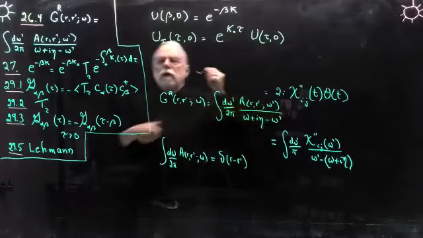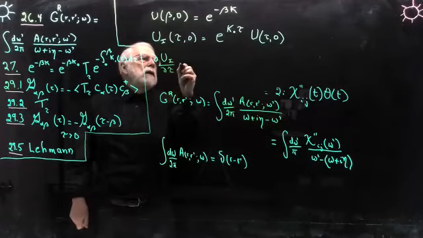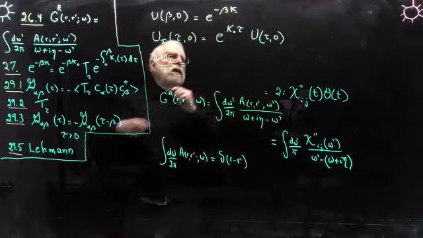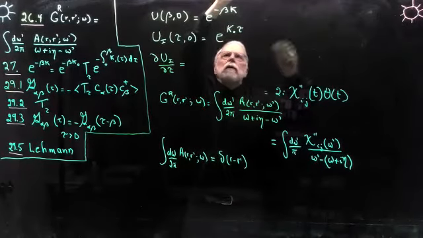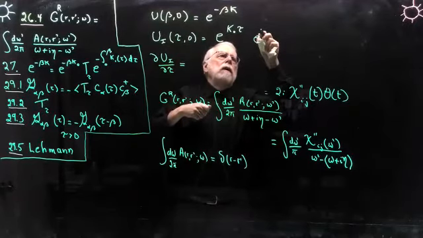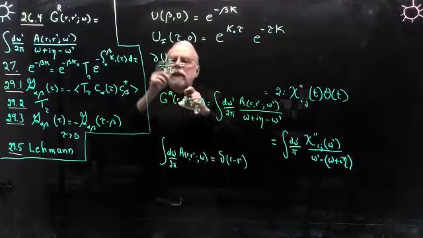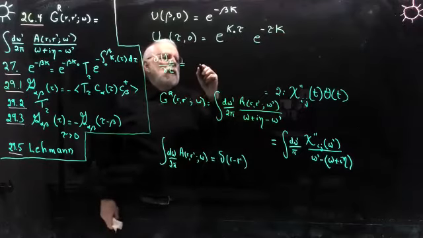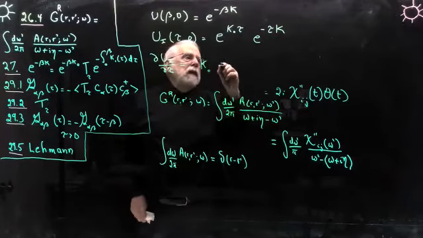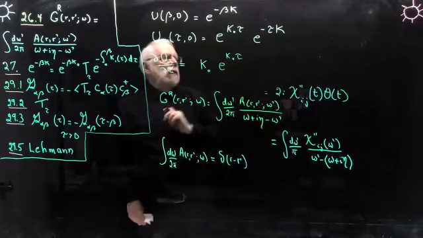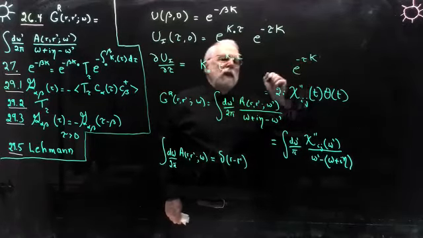So if I write the equation of motion for U_I, I write dU_I d tau will be equal to, so this u of tau 0 is equal to e to the minus tau K. So it means that dU_I d tau is equal to K0 times e to the K0 tau times e to the minus tau K. So this is the first term.